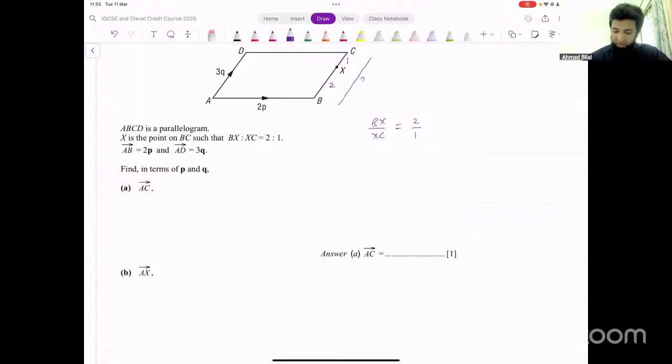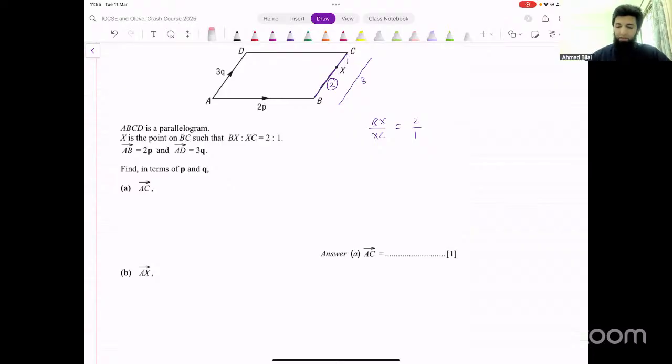These are 3 parts in total. Now, this is very important to understand. BX is 2 out of 3 parts. XC is 1 out of 3 parts, right? We have 3 parts in total. BX is 2 out of 3 and XC is 1 out of 3.